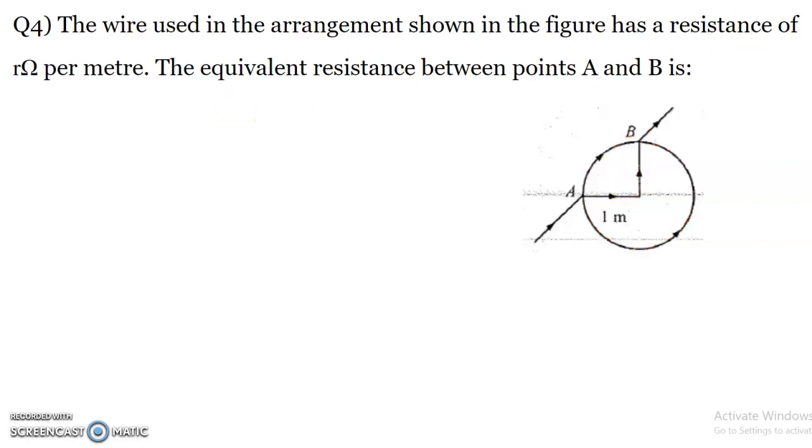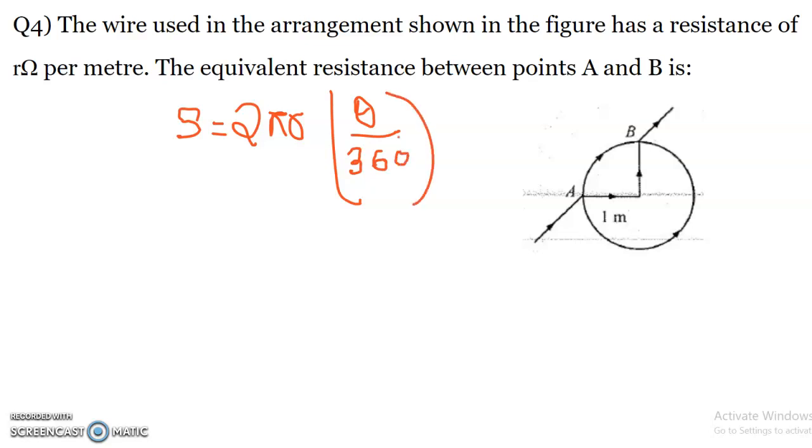So, to find the length of an arc, the formula is S is equal to 2 pi R times theta by 360, okay. This is how we find the length of an arc. When theta is in degrees, we know that theta is in degrees because it is in a right angle triangle here.